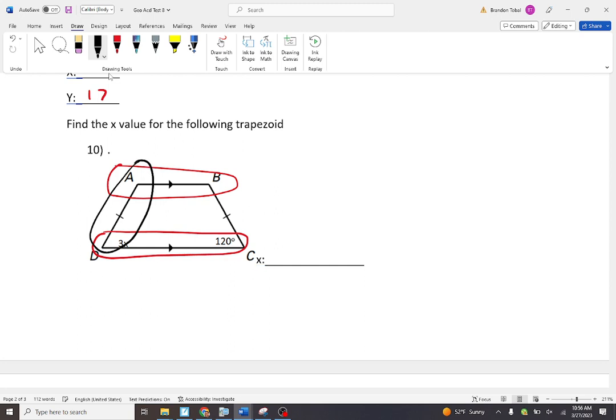If you're on different bases, you're supplementary. So in this case, are 3x and 120 on the same base or different bases? Same base. So 3x equals 120. Divide by 3, divide by 3. X equals 40.